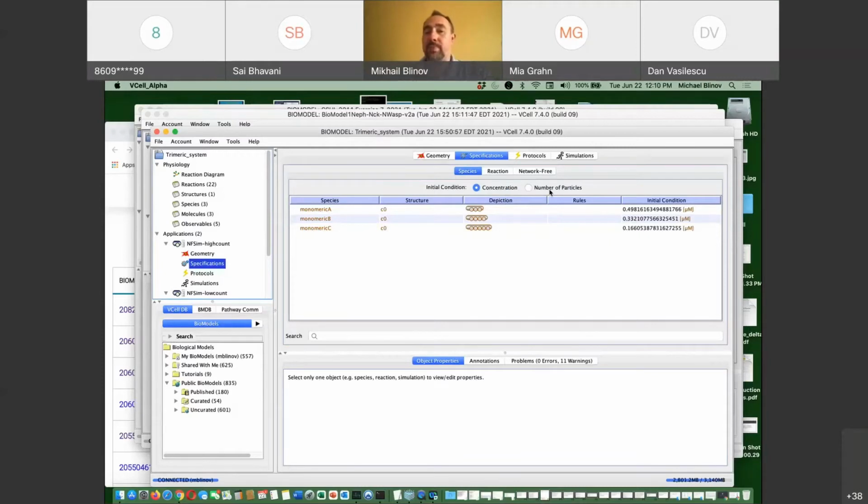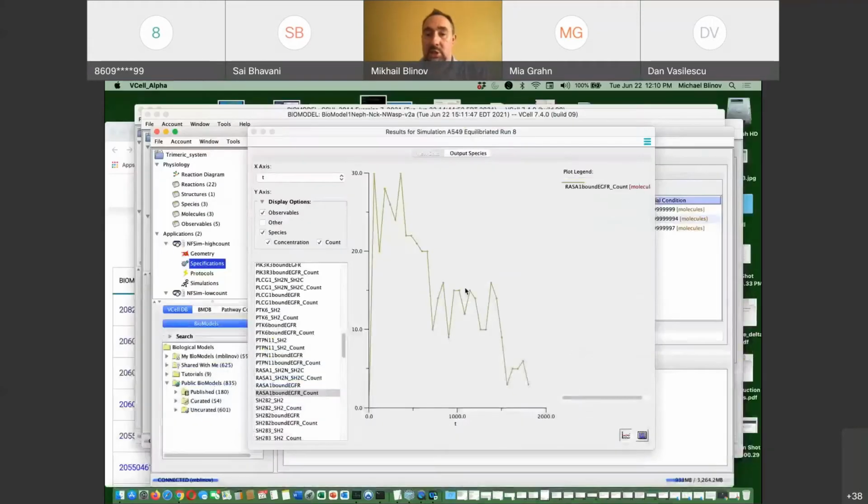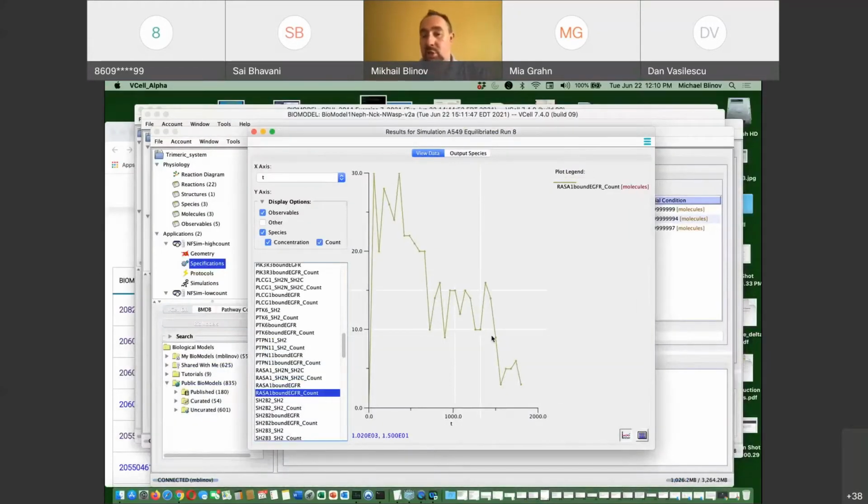And in Virtual Cell, say, for example, you have a number of particles of 300. You switch to concentration, and you see that the concentration is okay, but your number of particles is too low, and you get something like this, and it runs fast.